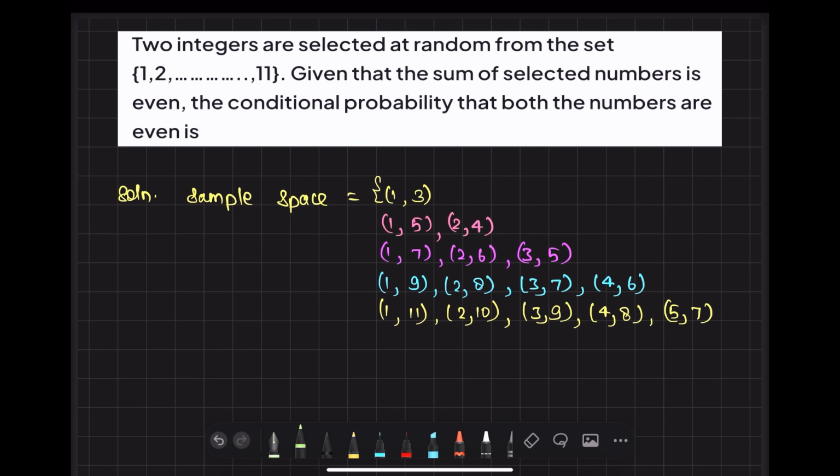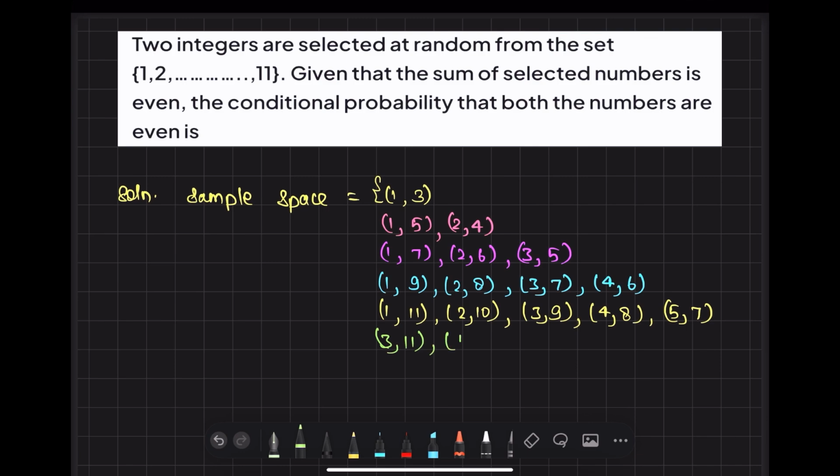After 12 we have 14. If it is 14, you cannot go with 1 and 11, that is 12. If 1 is rejected, I'll go with 2. 2 and 11 is 13, which is not an even number. So 3 and 11 is 14.